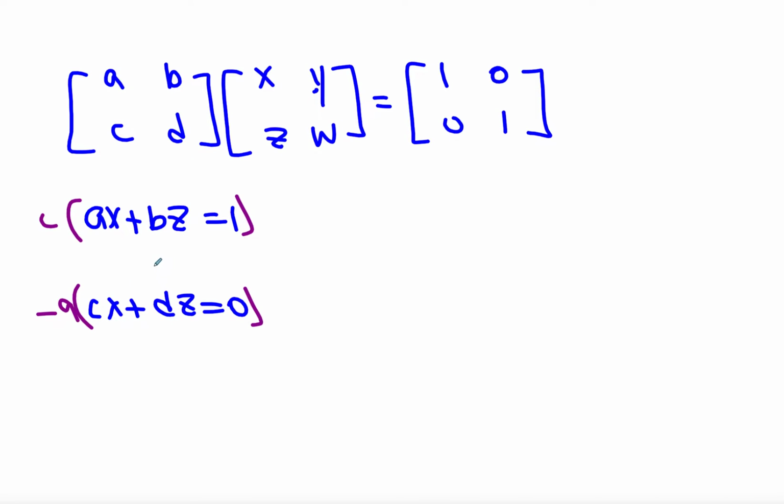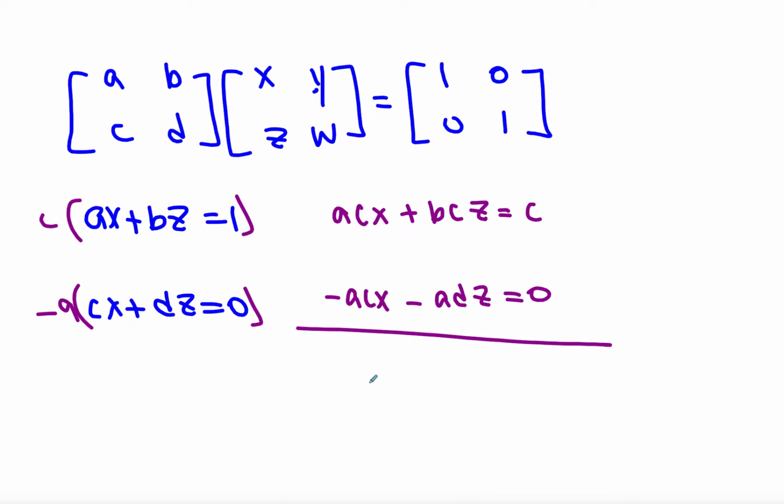How about that? Then we get ACX plus BCZ equals C. Now, negative ACX minus ADZ equal to 0. So I can add them up, and these two cancel away. So we get BC minus AD times Z equal to C. Then what is Z equal to?